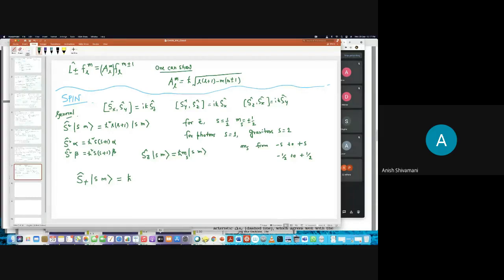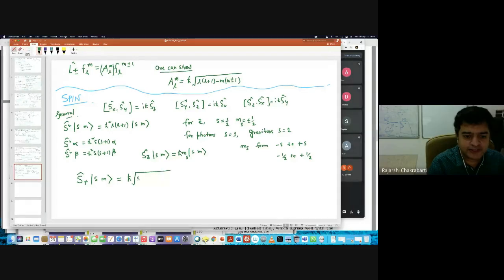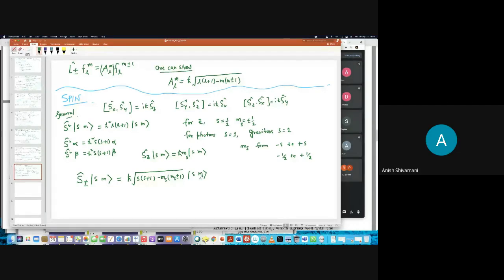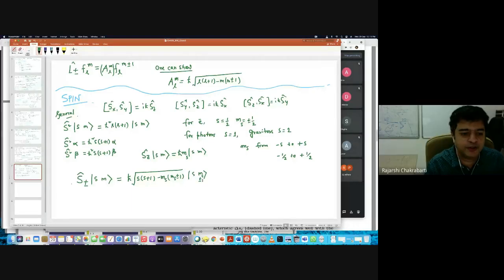It is going to be root of s into s plus 1 minus ms into ms plus or minus 1, operating on |s m>. Is this clear? Okay. This is what it is, isn't it? Now this is not going to be m. What is it going to be? Because you are using a raising or lowering operator, this is going to be ms plus or minus 1, depending on what I operate. If I operate S minus, this will be minus. If I operate S plus, it will be plus. I hope this is clear up to this.